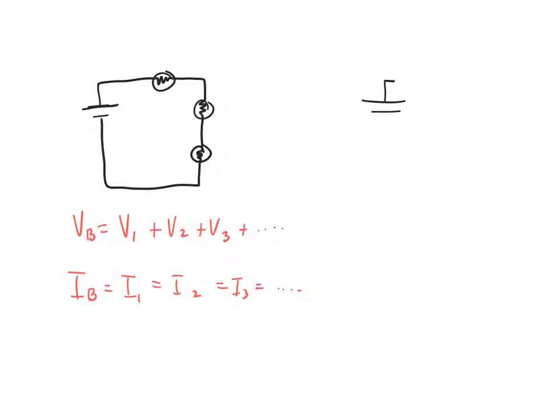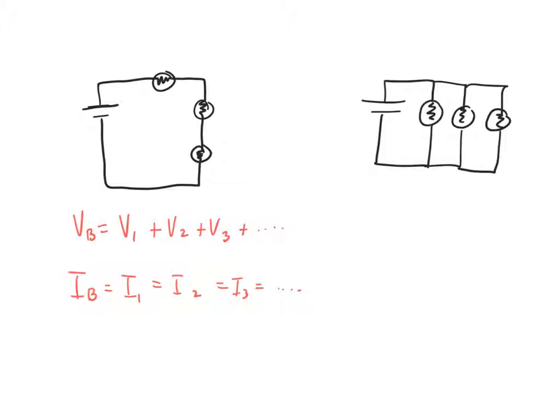But for parallel, what we noticed was that each resistor was connected to the battery. Each resistor is physically connected to the battery, so the battery is giving all of these the same voltage. But the current, because it's flowing through a pathway that is branching off, splits up.